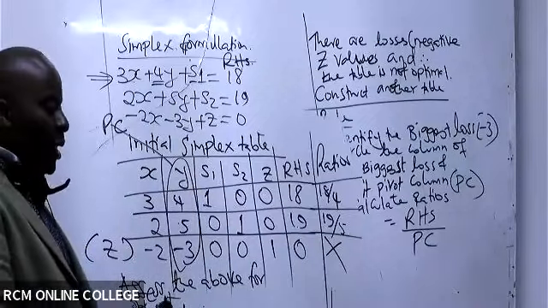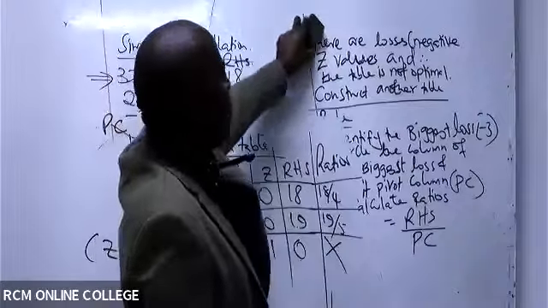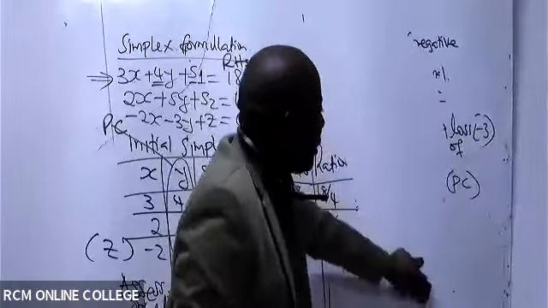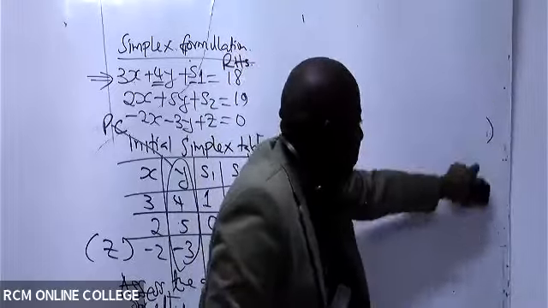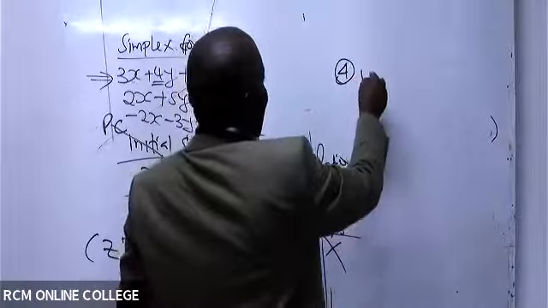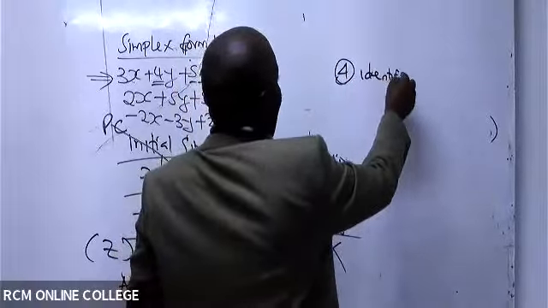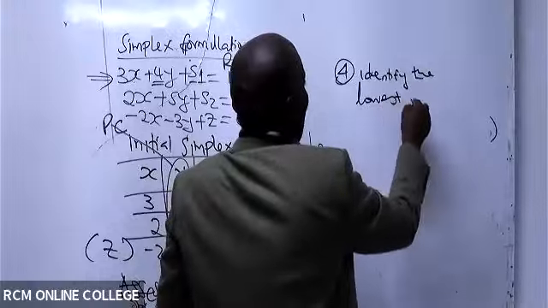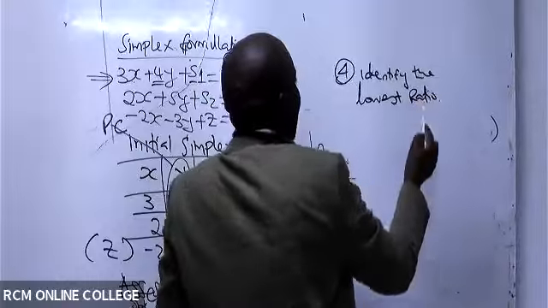Once you have done that, ladies and gentlemen, you should be able to tell us the fourth step. The fourth rule: identify the lowest ratio, the least ratio.